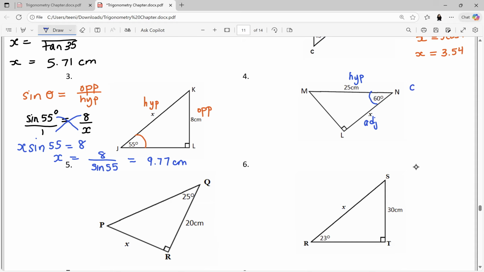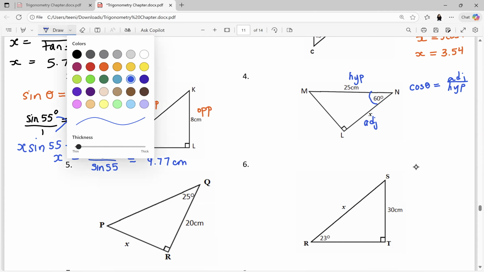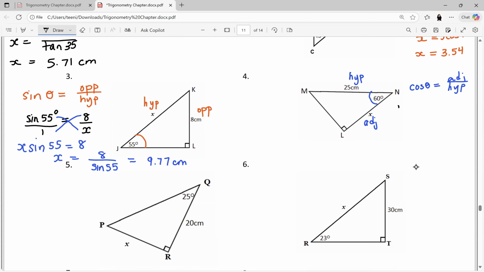So therefore, cos of an angle is equal to the adjacent over the hypotenuse. So now let's substitute our values in there. It'll be cos of 60 is equal to adjacent, which is x, over the hypotenuse, which is 25.